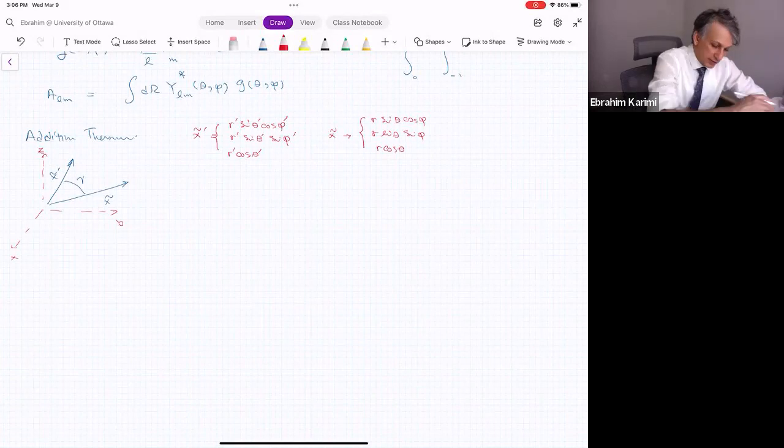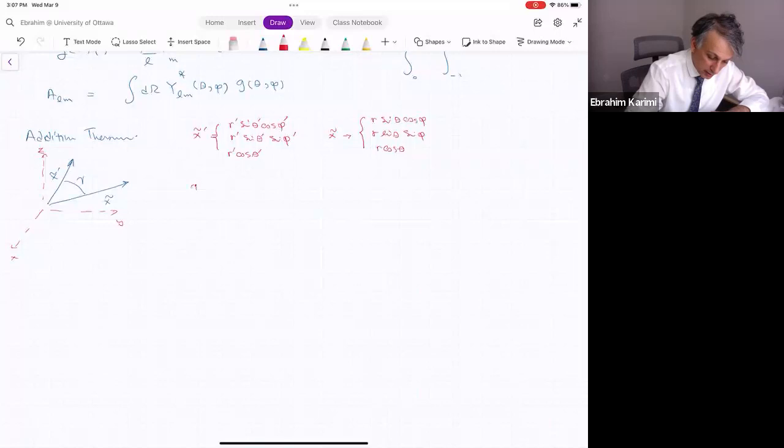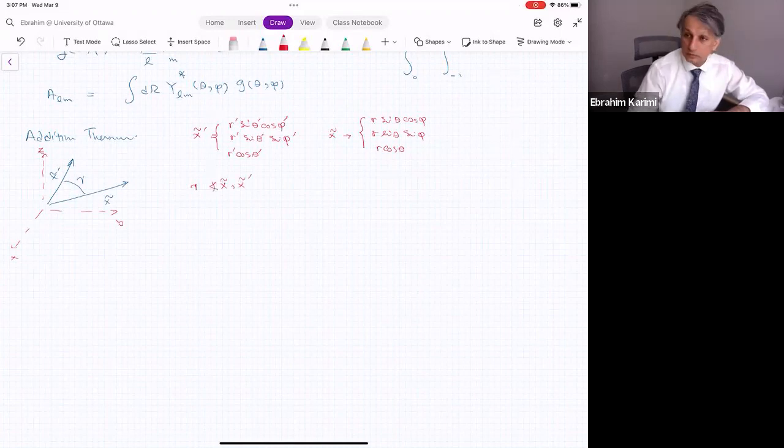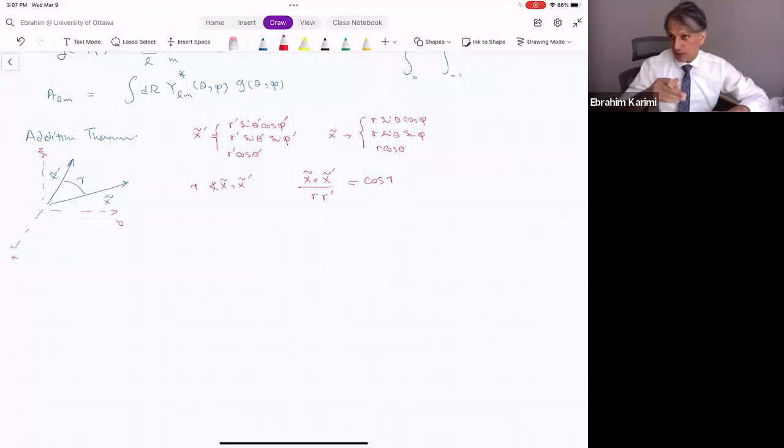Now I'm asking you, what is the angle gamma, which is the angle between the two vectors x and x prime? If you take x dot x prime divided by the magnitudes of x and x prime, then you will get the angle, which is cosine of gamma. Do you agree on that? We have done these previously.